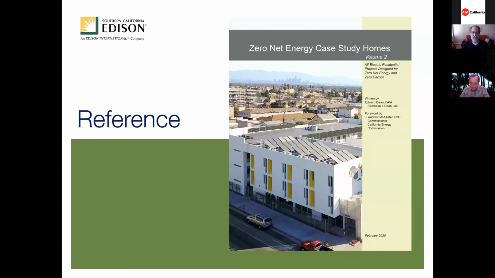And there's less emphasis on zero net energy, because if you don't quite reach zero net energy in your projects, but you're zero carbon, for all intents and purposes, you're doing the very best thing for the planet. So the emphasis now, of course, is on decarbonization. And so these are all electric examples that happen to be zero net energy.